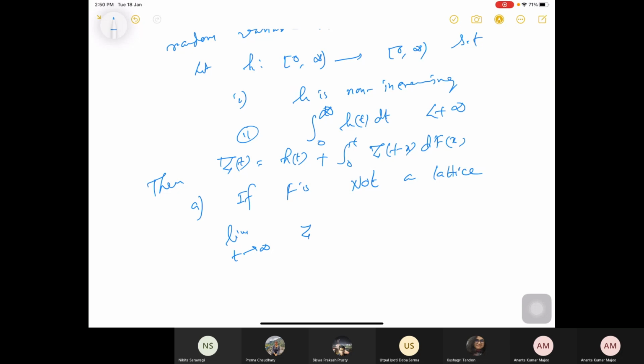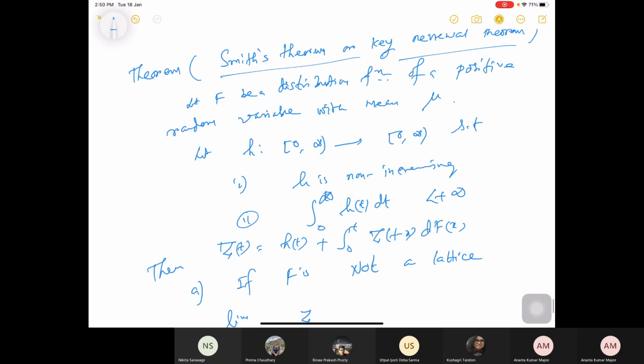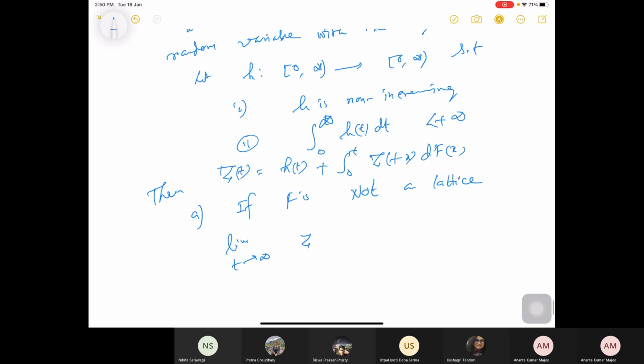Because if you replace h by F and Z by m, that is the renewal equation we have seen. So Z(t) is a solution to this renewal equation, in a general form, and for a particular Z, that gives you the renewal equation. Z is equal to h(t). What is the property of h? That it is non-increasing, and the integral from 0 to infinity of h(t) dt is finite. And F is the distribution of a positive random variable with mean mu.